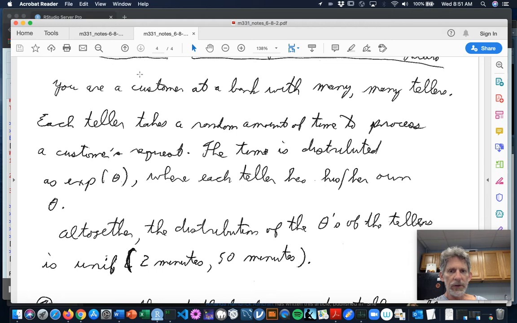Say you're a customer at a bank, and that bank has a lot of tellers that work at the bank. And each teller, when he or she gets a customer, takes a random amount of time to process that customer's request. And the time that he or she takes is exponential with the parameter theta, mean theta, where each teller has his or her own value of theta.